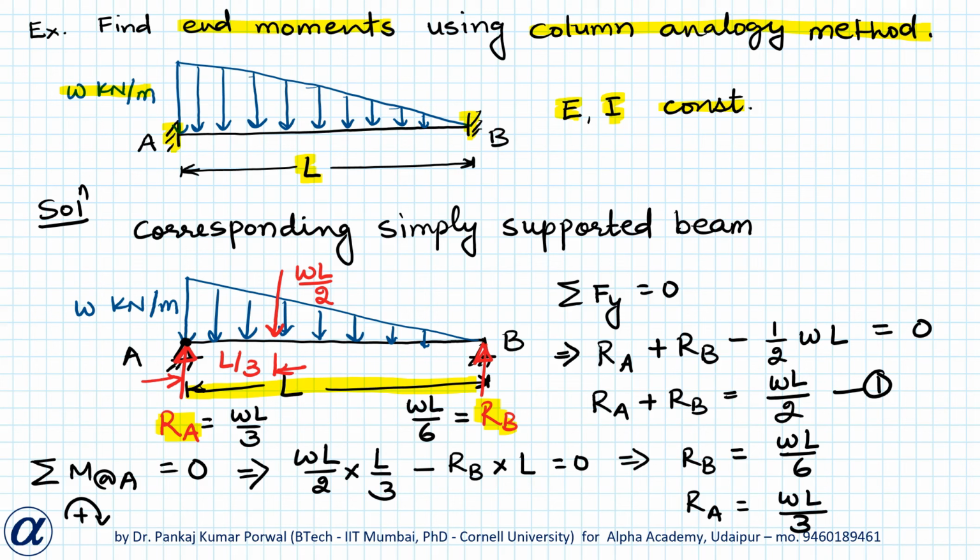Now to find bending moment at any section at a distance x from end A, I'll take a section, say XX, at a distance x from point A, and it will be convenient to draw the free body diagram of part to the right of section XX.